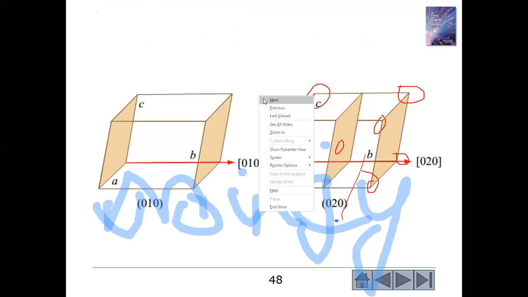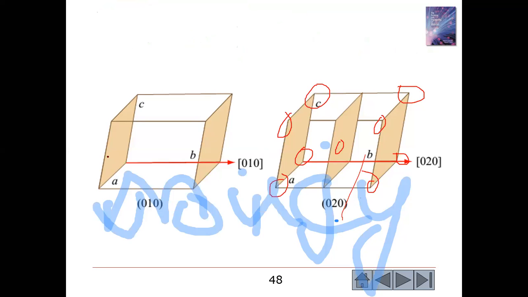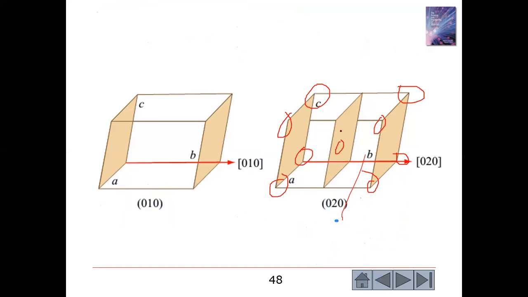So the concept here is that a plane and its multiple are not equivalent. Clear? Right? They are not the same. Why? Because the population of atoms will be different. Okay.